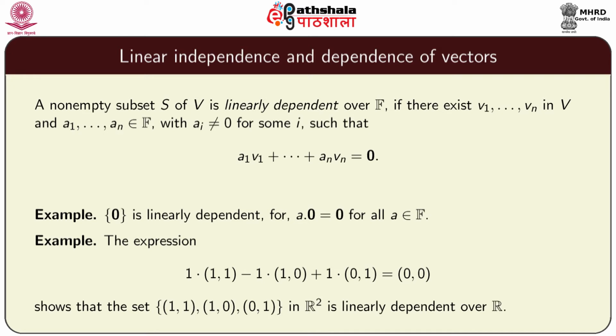That means there are finitely many vectors V1, V2, ..., Vn in V and scalars a1, a2, ..., an in F, such that the linear combination a1 V1 etcetera up to an Vn is equal to the 0 vector, but not all the scalars a1, a2, ..., an are 0. That means there is at least one ai which is not 0. This is what linear dependence of a set is.